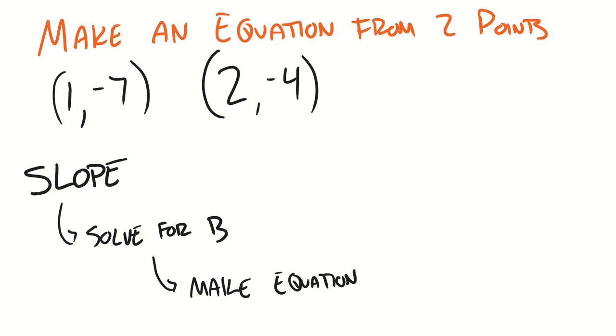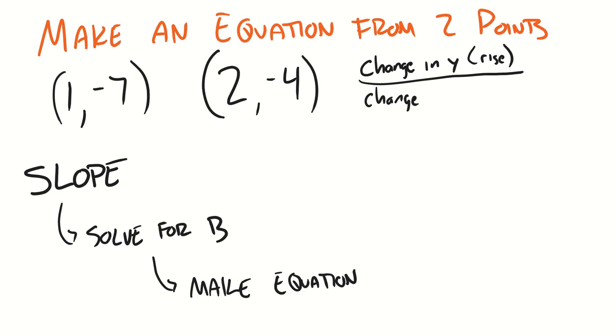All right, so to solve for slope, I need to find my change in y, my rise, divided by change in x, my run. So if I were to go from -7 to -4, if I want to find my change in y, well, that's going to be +3, right?